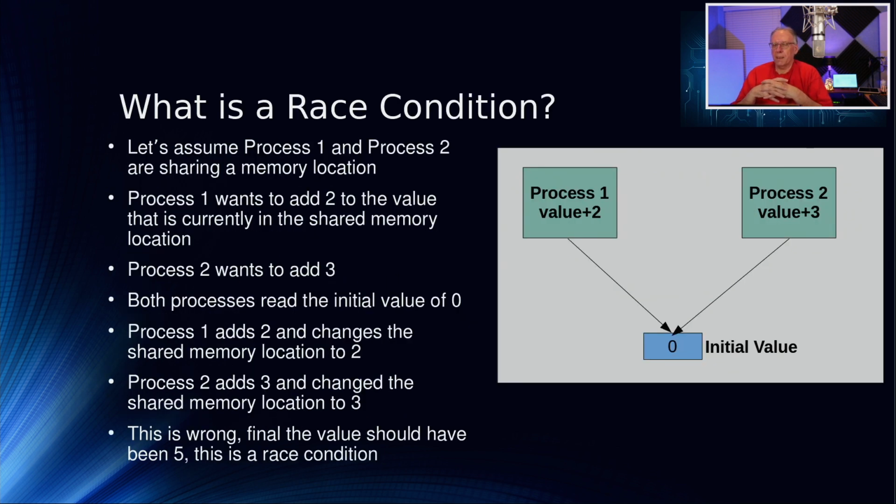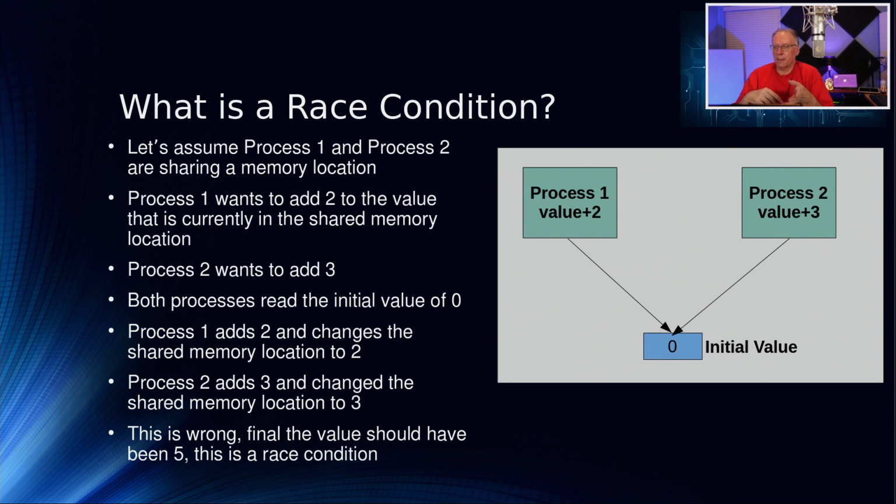So let's assume that I have two processes that are sharing a memory area. They have a shared memory location that's maybe an integer, and process 1 wants to take the initial value, whatever value is there, and add 2 to it and then write it back. Process 2 wants to read whatever is in the value of that shared memory location, add 3 to it, and then write it back.